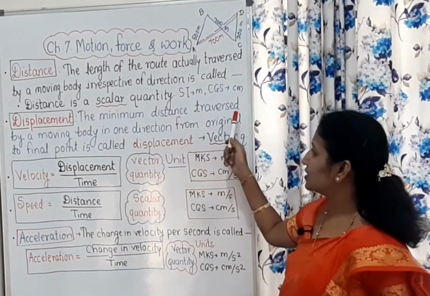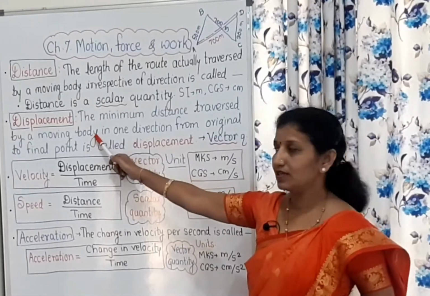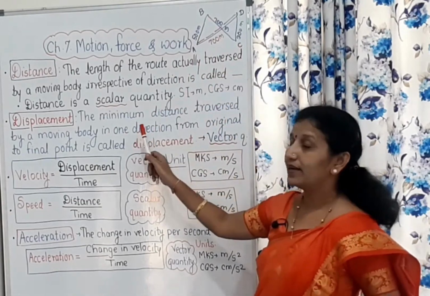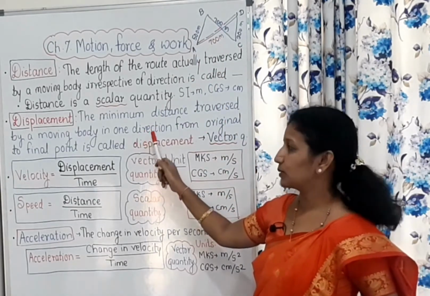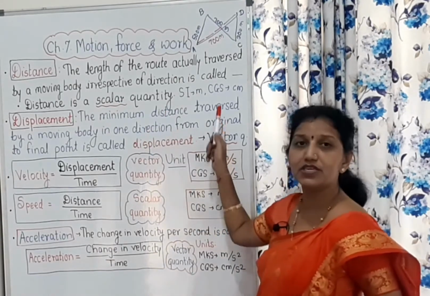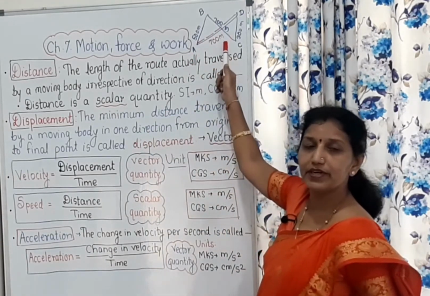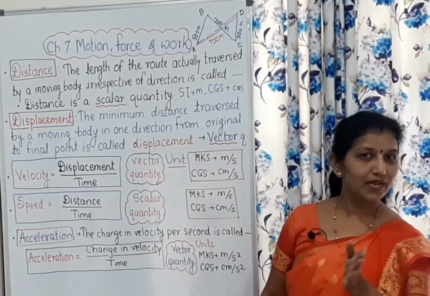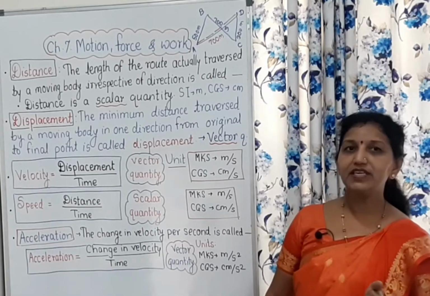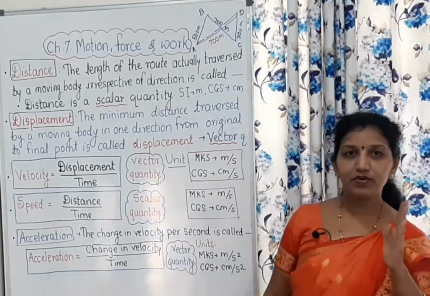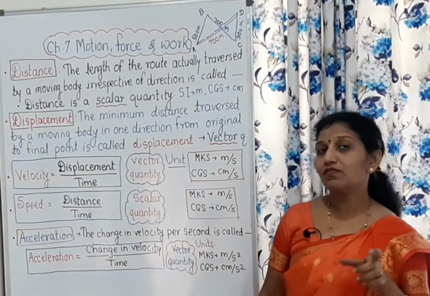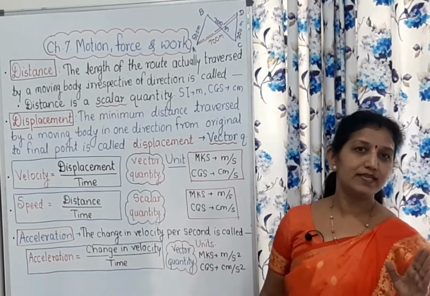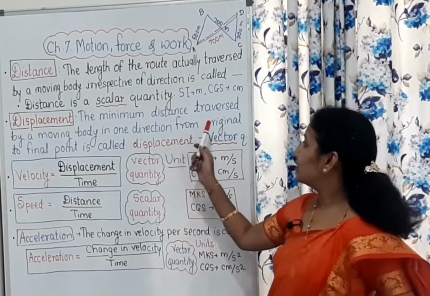The minimum distance traversed by a moving body in one direction. Here directions were different, but in displacement, direction is very important. In one direction from the original point to the final point, this is called displacement.